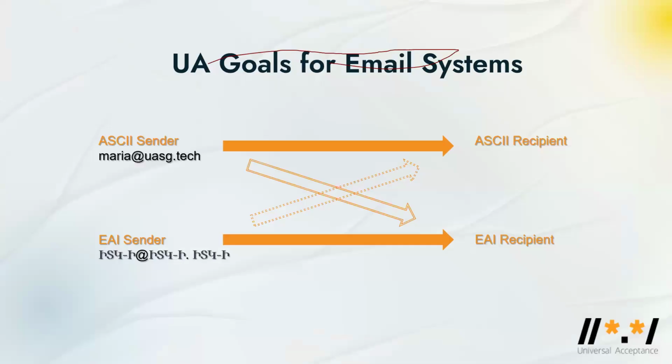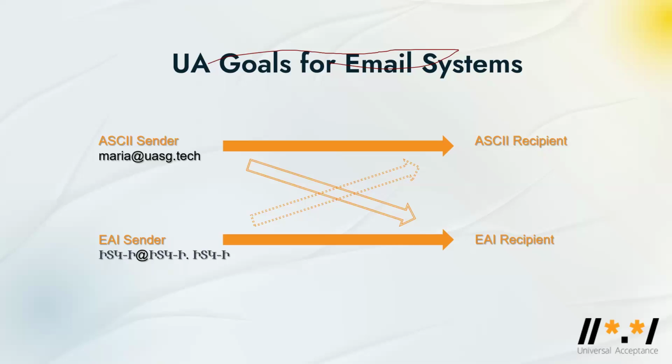What are the goals of an email system? What are the universal acceptance goals for an email system? I need to make the ASCII sender at uasg.tech able to send an email to an ASCII recipient, the English email and other English email addresses, and also to Arabic email addresses.